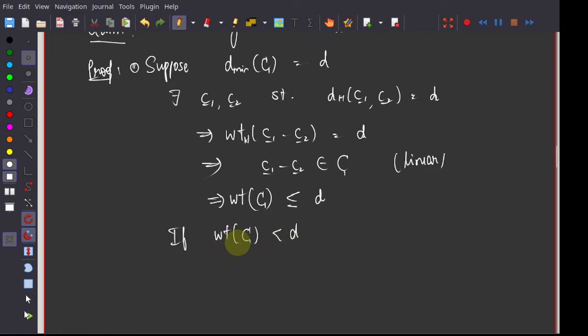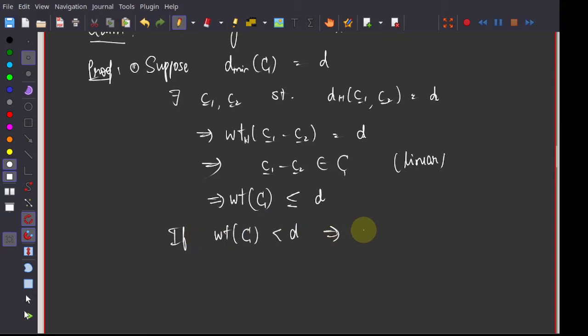I'm saying that the Hamming weight is less than d, right? So minimum distance is between two code words. You have to produce two code words, right? For Hamming weight, there's only one code word.